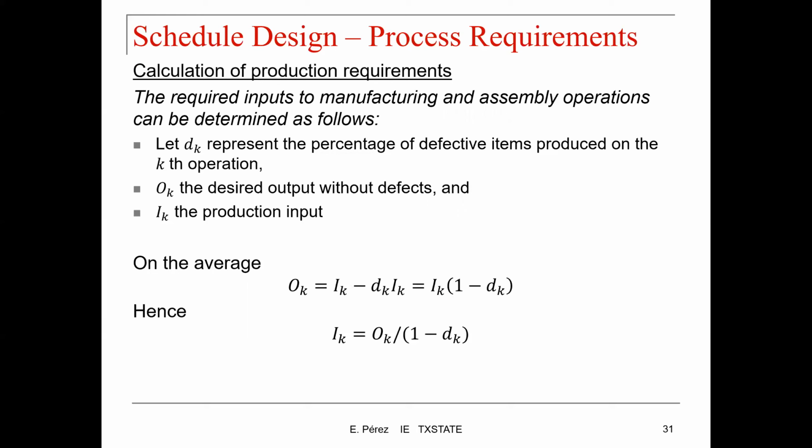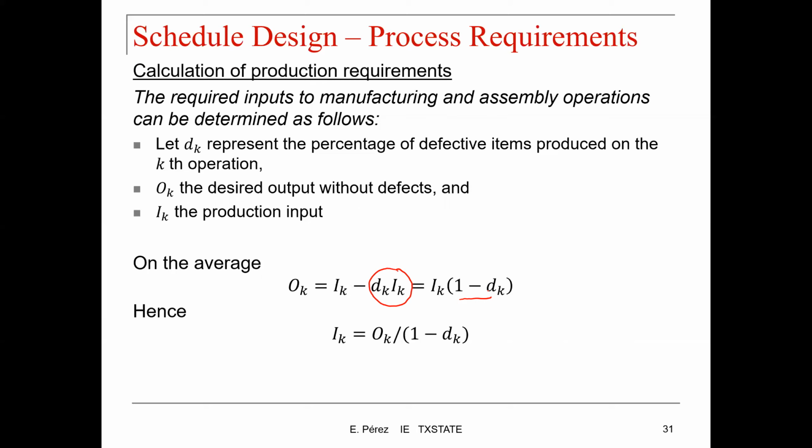So on average, the desired output without defects is going to be equal to our input minus those defective units. That is going to be computed as the percentage of defectives times the input. So the desired output is going to be equal to the input times 1 minus the percentage of defective parts, O_k = I_k(1 - D_k).